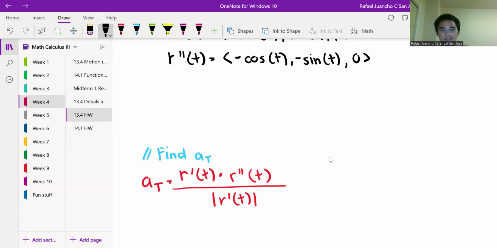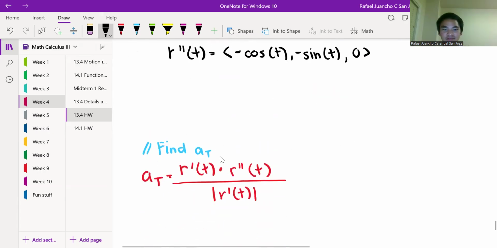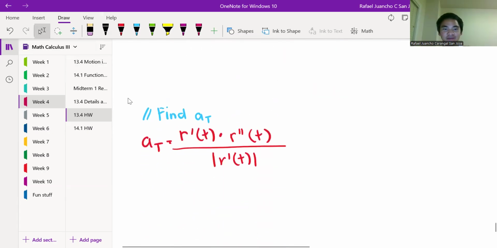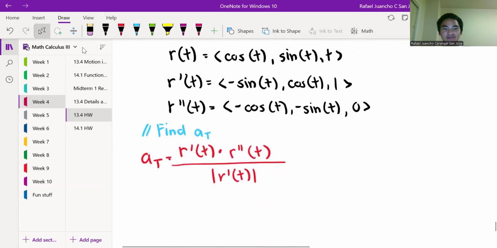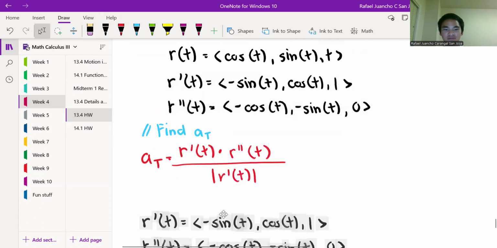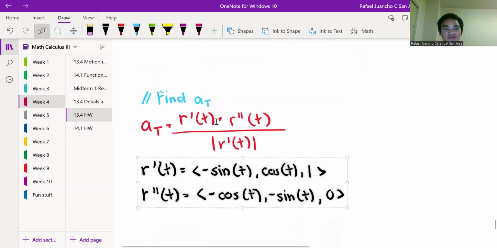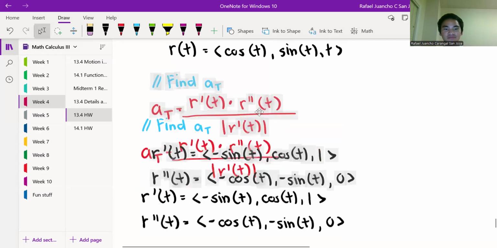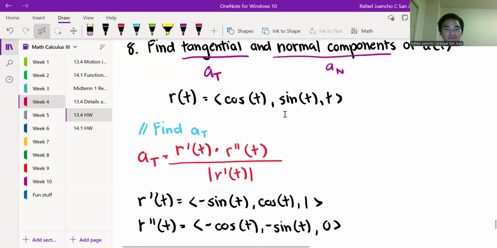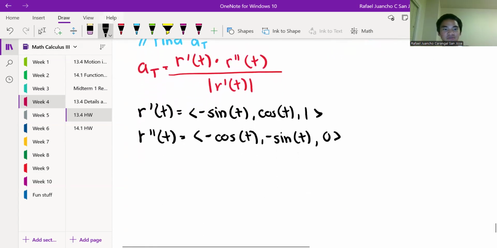Actually, I should have done it. I'm thinking of a way to organize this more nicely. Maybe I could just switch this down here, because I knew that I was computing for that. And then for this whole thing, I can just put it up here. There we go, much better. So here I find A sub t, so I compute these missing pieces.